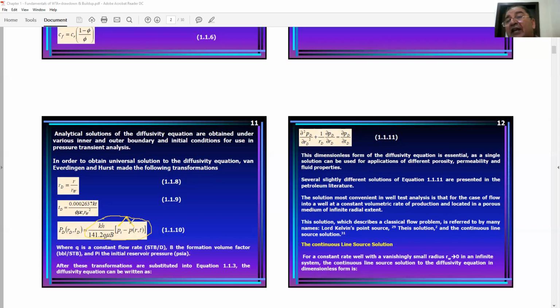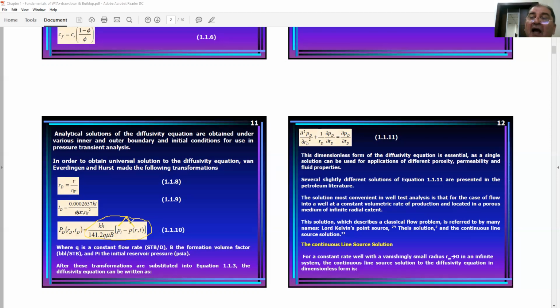Please take care of these three dimensionless parameters because we're going to use them many times. It is very important to understand the solutions of the diffusivity equation, knowing these three parameters very well.